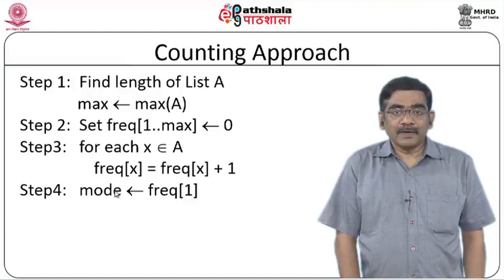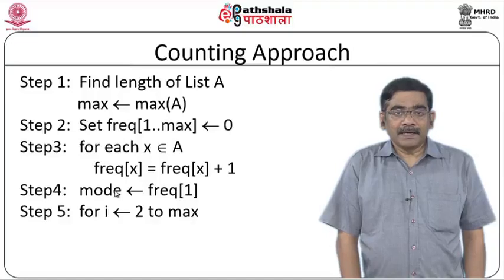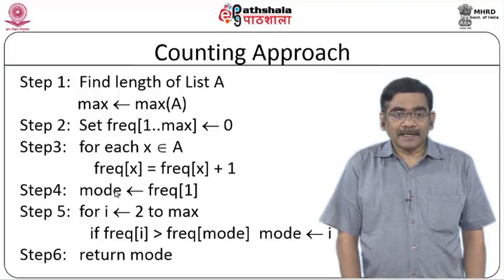In step 4, I am just assigning the first element of the frequency list as the potential mode, then I am starting a loop from 2 to max, and I am comparing the frequency of every element with this particular mode, and if the frequency is larger, I am taking that particular index.